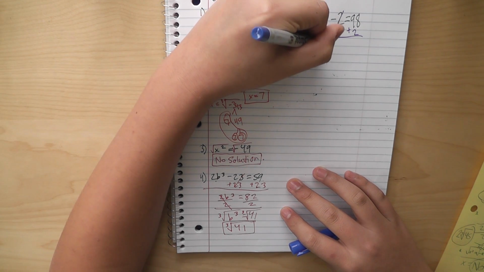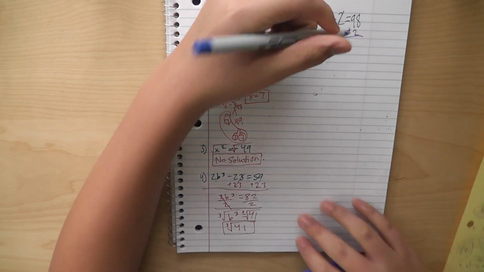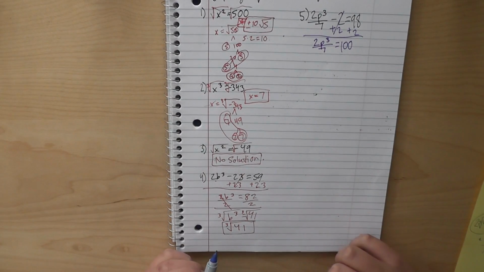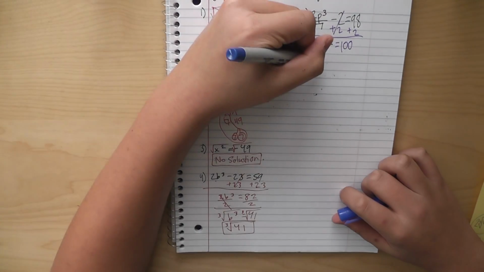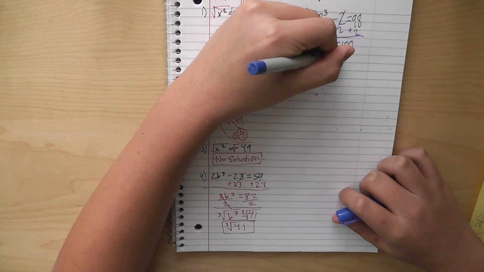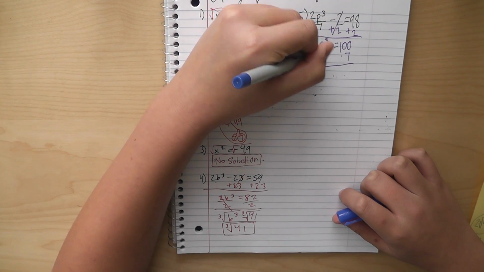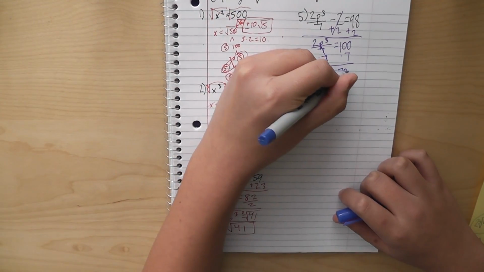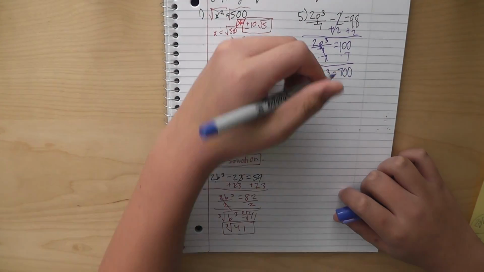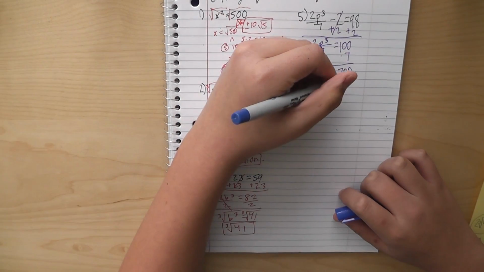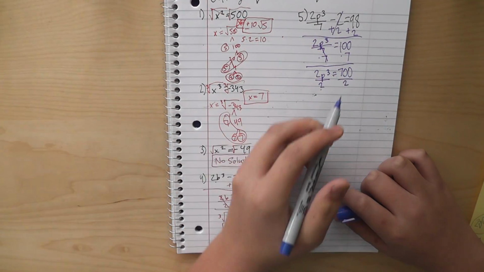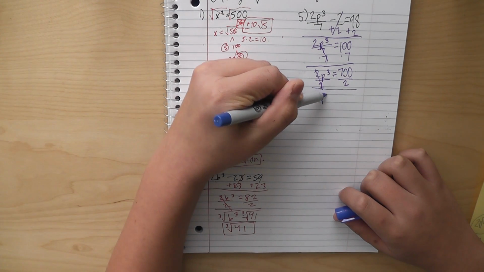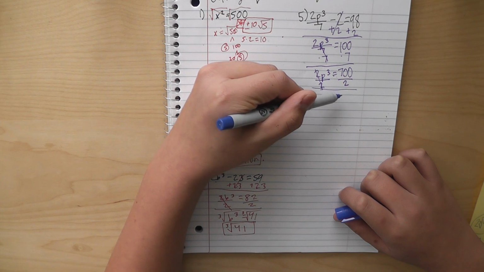Then you get 2p cubed over 7 equals 100. Multiply both sides by 7. 2p cubed equals 700. Divide both sides by 2. P cubed equals 350.